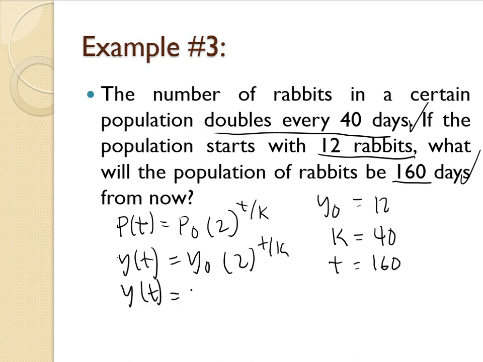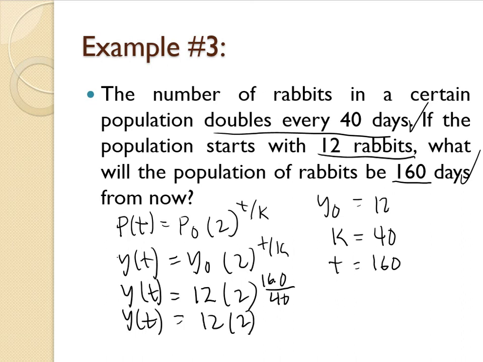We substitute this to the formula. y of t equals, what is our y sub 0? That is 12, times 2 raised to t, which is 160, over our k of 40. So y of t equals 12 times 2 raised to, 160 divided by 40 is 4.